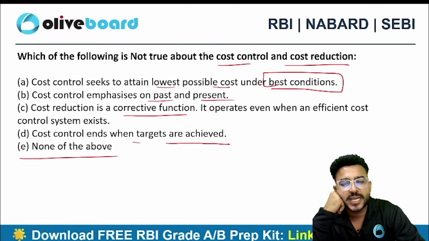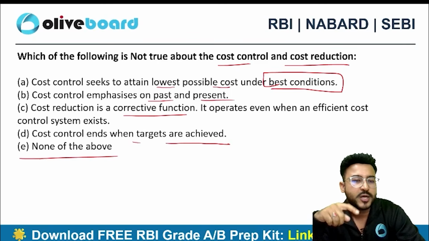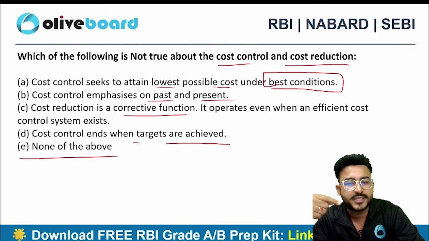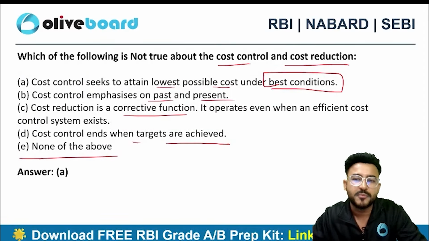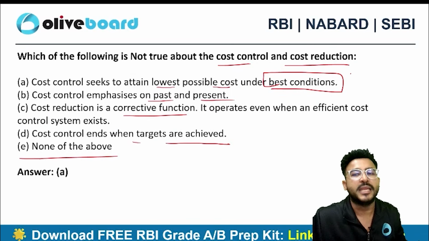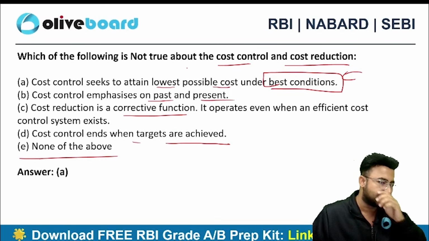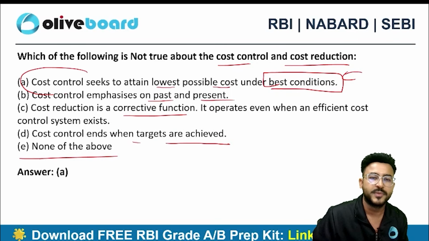Now the first statement, option A, cost control seeks to attain lowest possible cost under best circumstances. I don't think we ever have best circumstances. In the present circumstances, cost control has to attain the lowest possible cost.